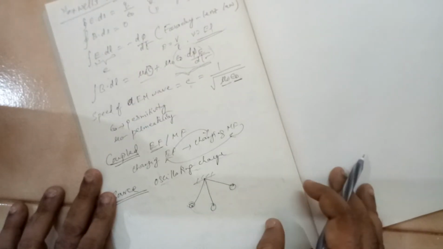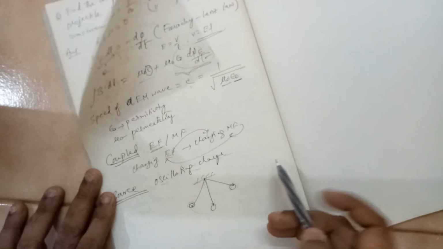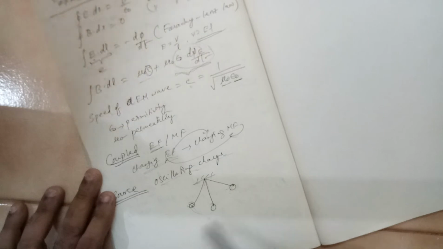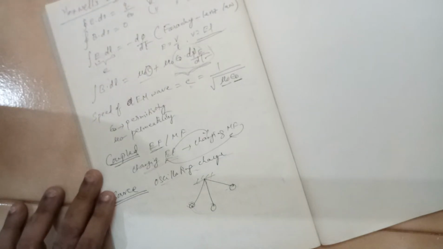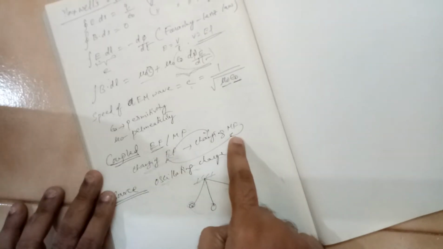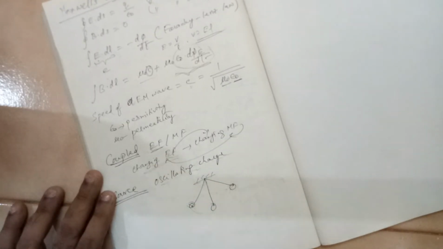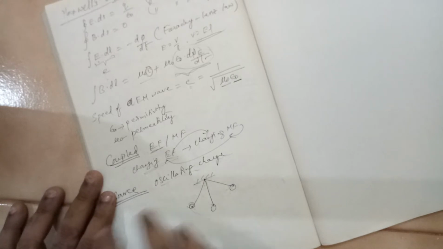Every moment its location is changing and it is accelerating. So every moment it will give rise to a changing electric field. This changing electric field will give rise to a changing magnetic field, and this changing magnetic field again will give rise to changing electric field, and this cycle keeps on. One is giving rise to the other.